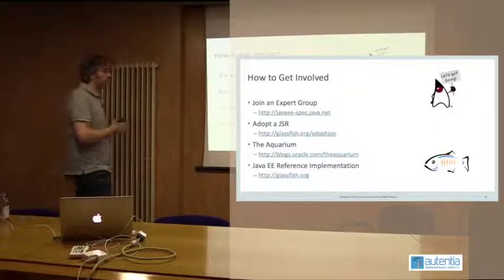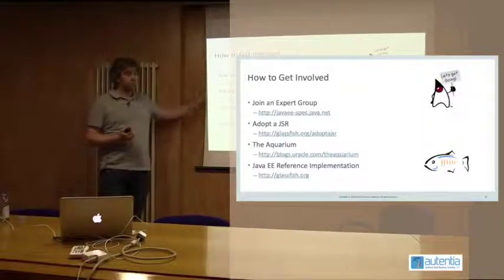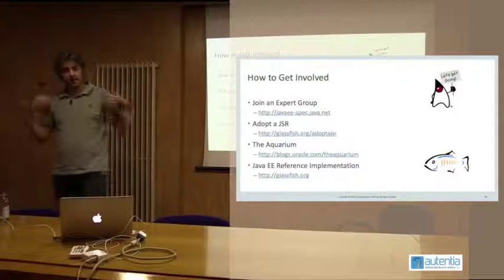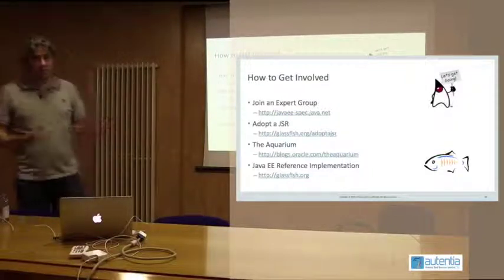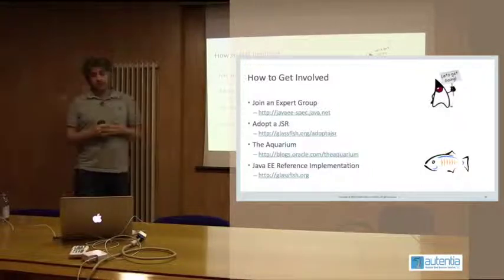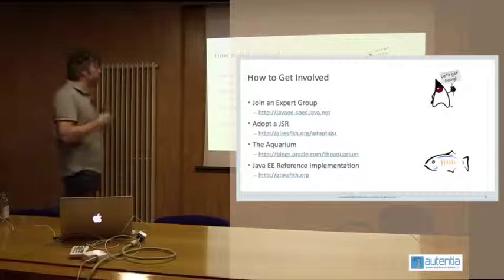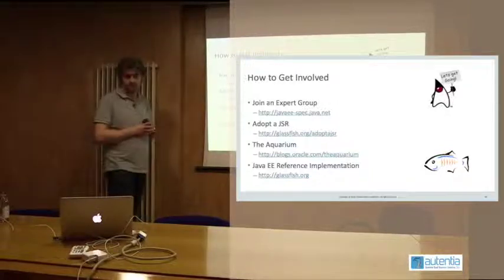So maybe there are obvious things that we have missed, we don't know. So that's clearly where you can bring a lot of value, Adopt a JSR. So pick any JSR, I mean JSON-B, JSON-P 1.1 and so on, and help us to promote it and to push it towards the community. And please, if you have feedback, provide us that feedback.